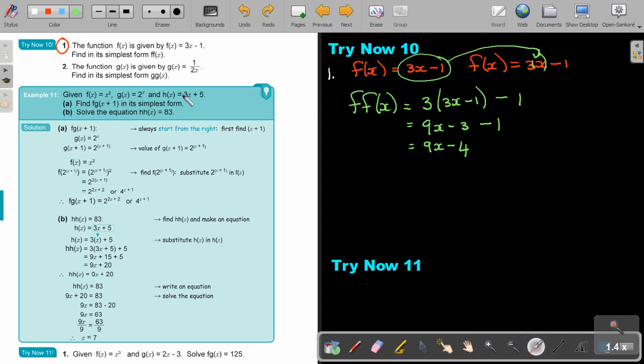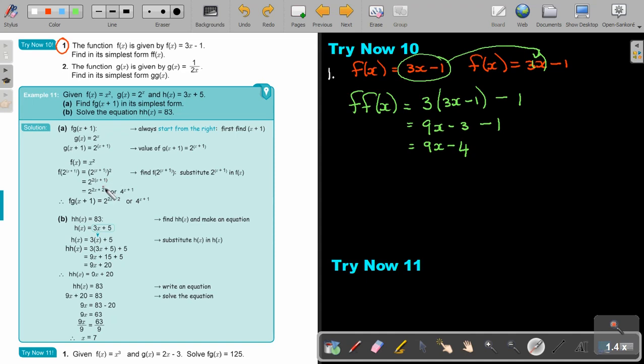Let's look at the last one. So given this, this and this, find this in the simplest, okay? So just remember, you're just going to g(x + 1). So first go and substitute x + 1. Did you see? Okay, so start with g and substitute x + 1. Okay, and then you put that answer in f.